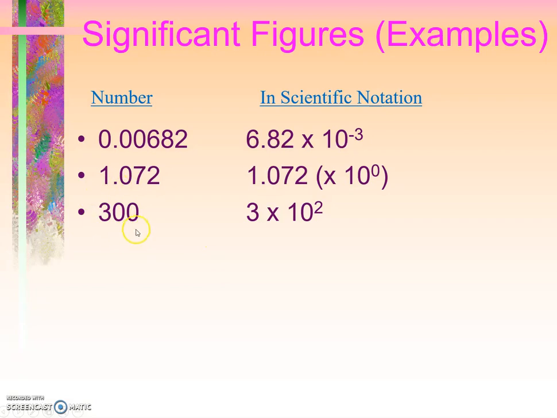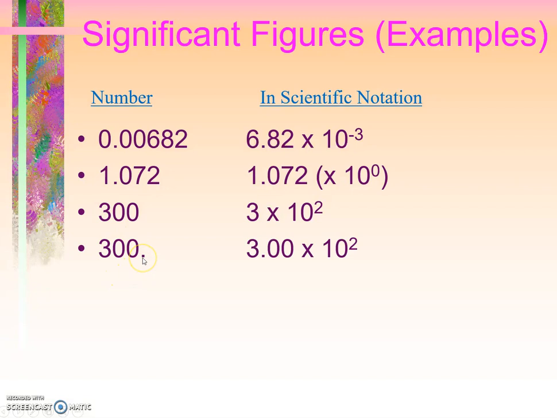300, now 300 does not have any decimal point, so we only have 1 significant digit. So we can say it's 3 times 10 to the positive 2, because if we had a decimal, it would be after the 0, and we're moving it in 2 places.